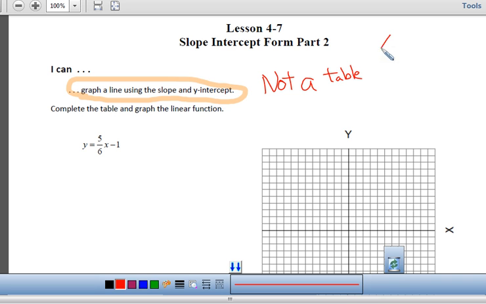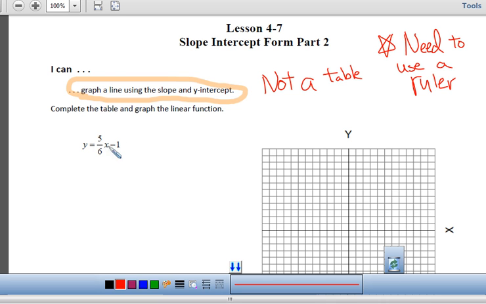The other thing that I want you to be aware of is we need to use a ruler, because it's important that these lines are nice and straight.